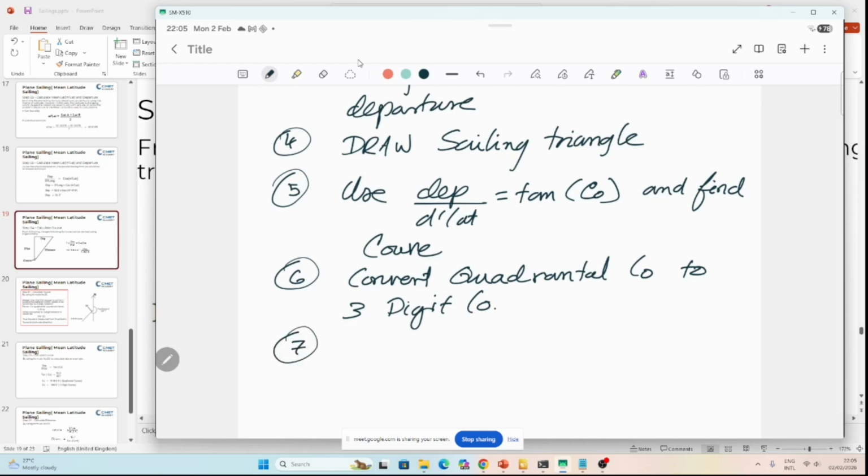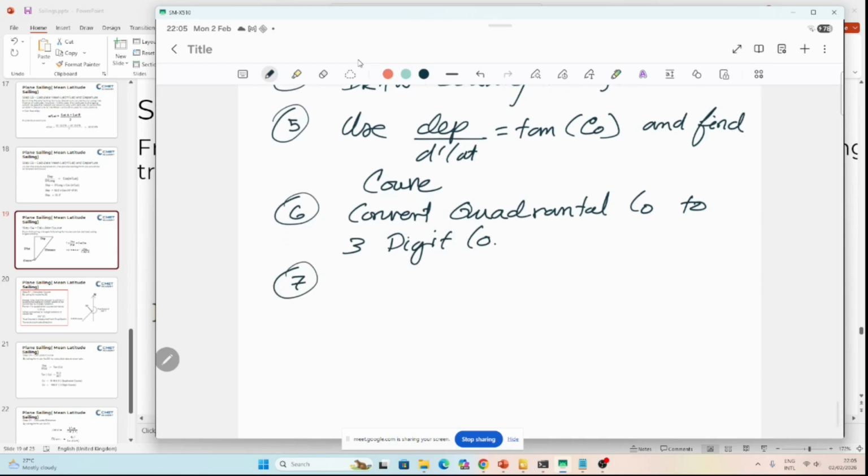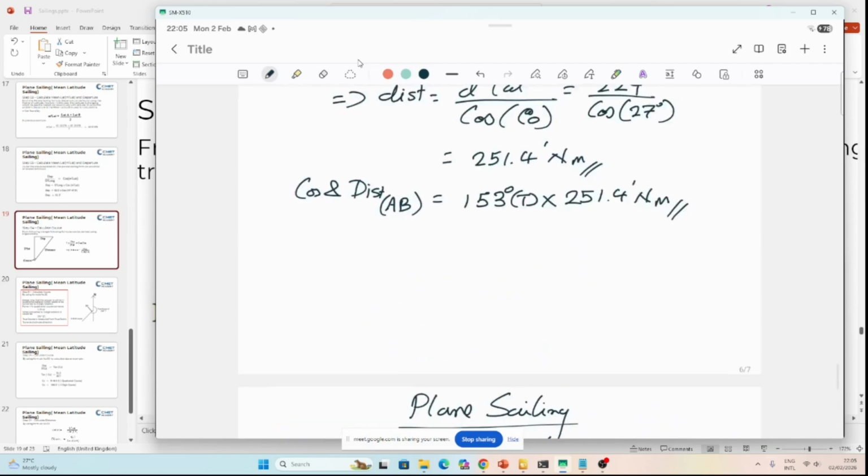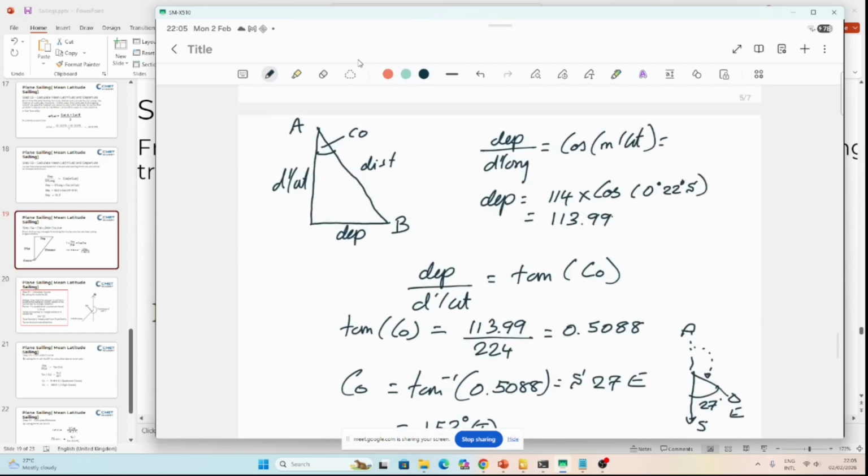Next point. After you convert that, you can use two formulas, whichever is convenient for you. In this case, from the triangle you can use two formulas to find the distance. One is d lat divided by distance equals cos course, or departure divided by distance equals sin course.